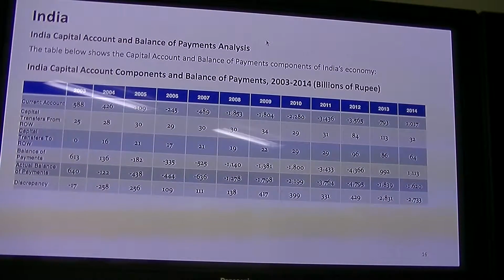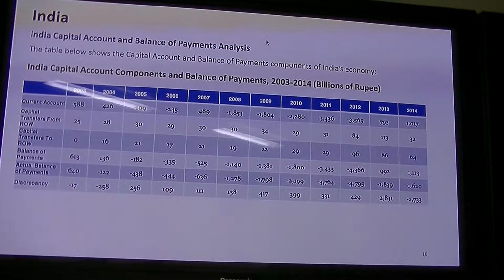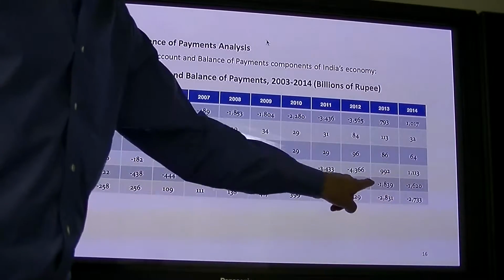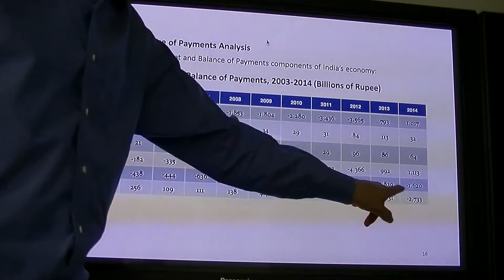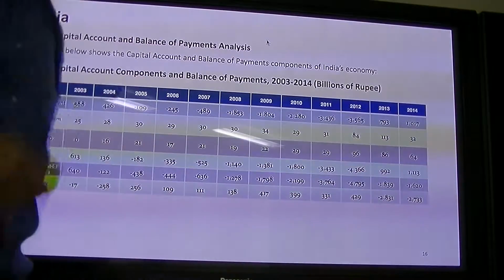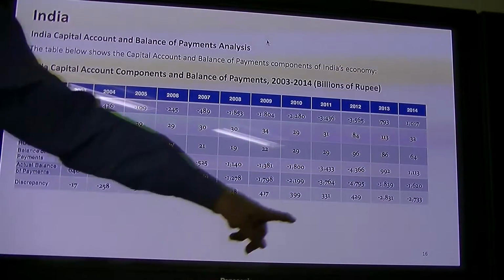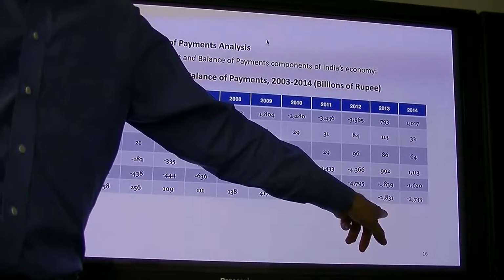I don't know. I checked my figures several times to make sure I did it correctly. And that's the figure. It does drop. The official figure is much less negative, but I'm still off by 2.8 trillion rupees.